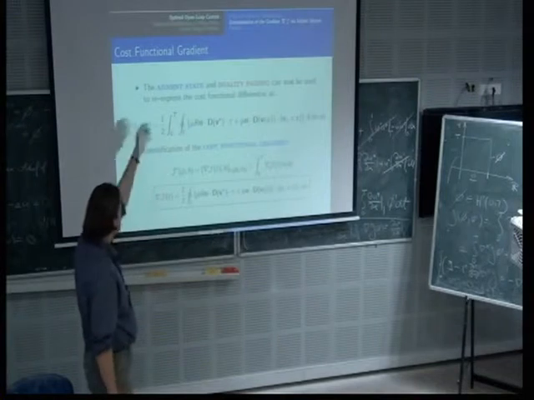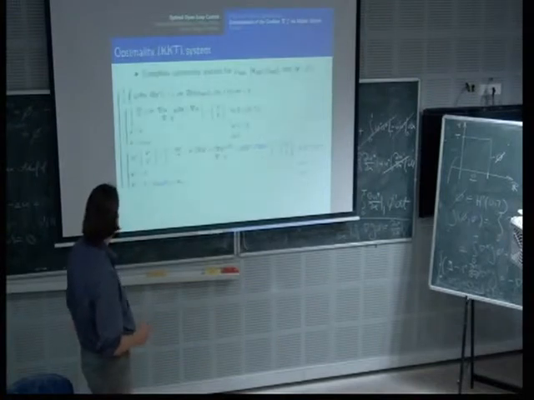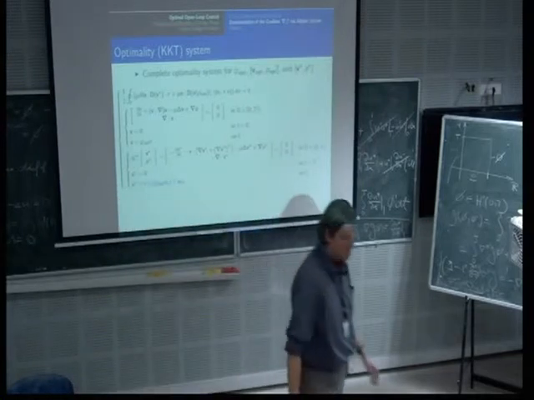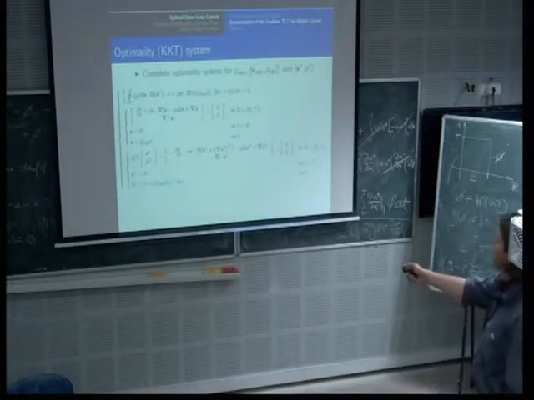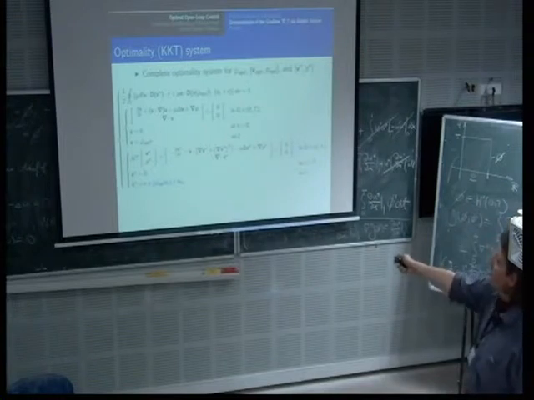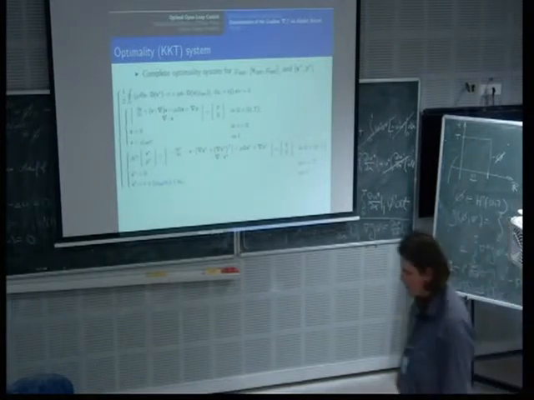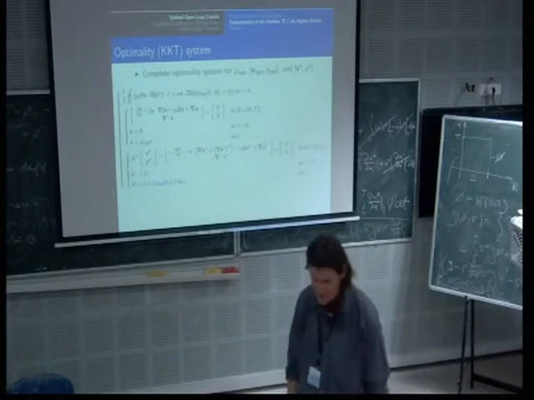So this was just a digression. Okay, so back to our Navier-Stokes problem. When we put all the different pieces together, we obtain the complete optimality system, characterizing the optimal control, the corresponding optimal solutions, and the associated adjoint variables.